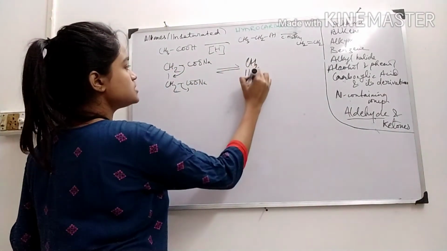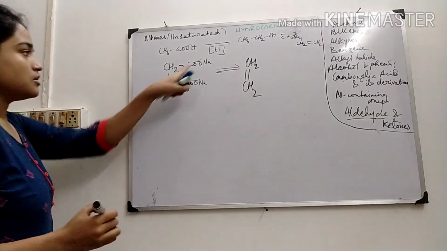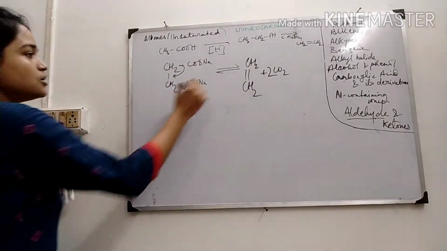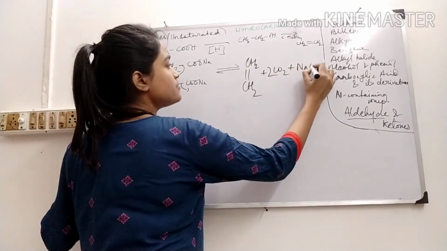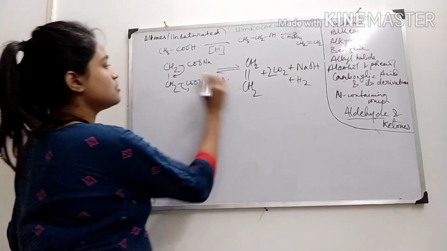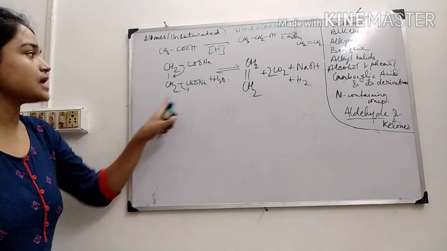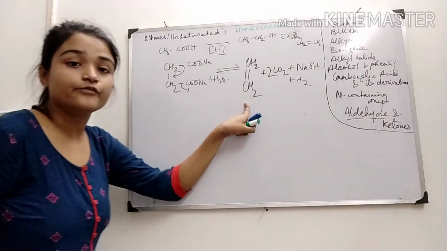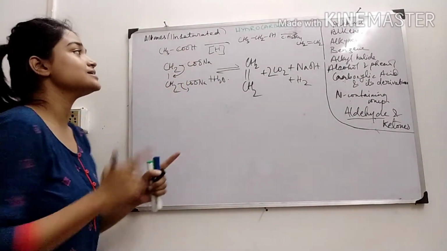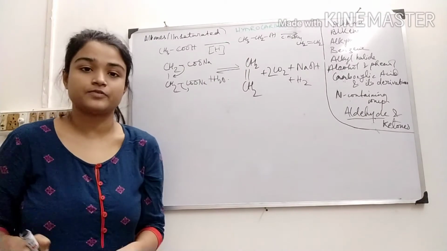So CH2=CH2, 2 carbon dioxide, sodium hydroxide will be formed and hydrogen will be released. So this is how I can get an alkene from dicarboxylic acid. For monocarboxylic acid, we have to do it in 2 steps.